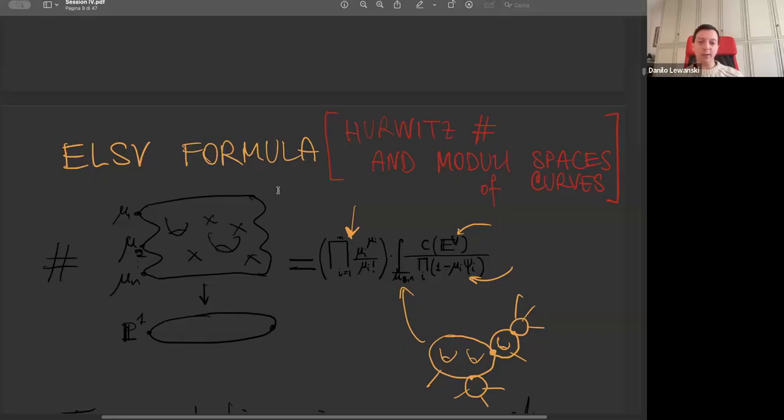So this formula is not one formula. This formula is the first formula. And after this one, the community has discovered many other ELSV type formulas. This is also related to my work, but that's not so important. I just wanted to say that you don't have to think of the ELSV formula as just one instance.